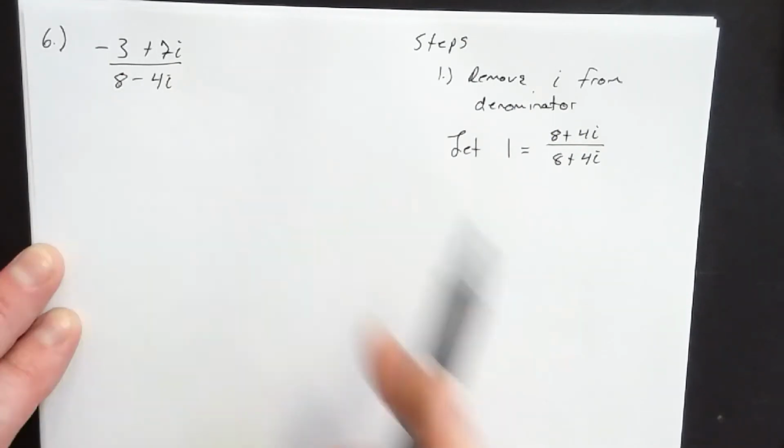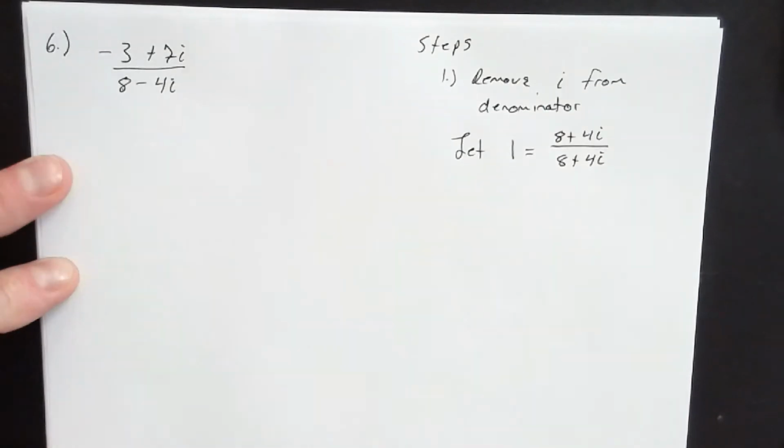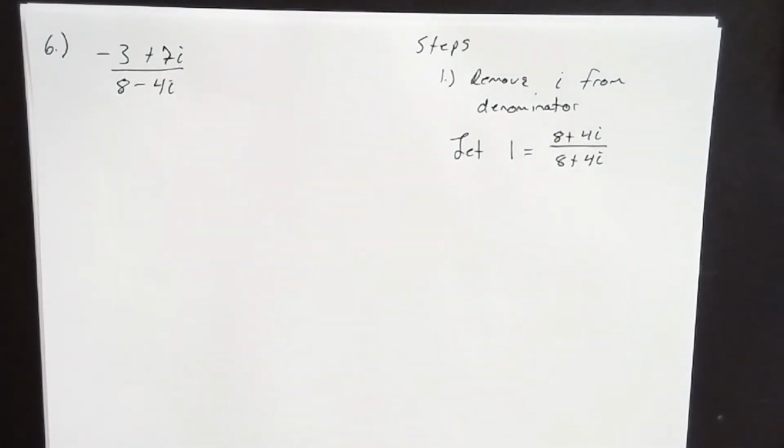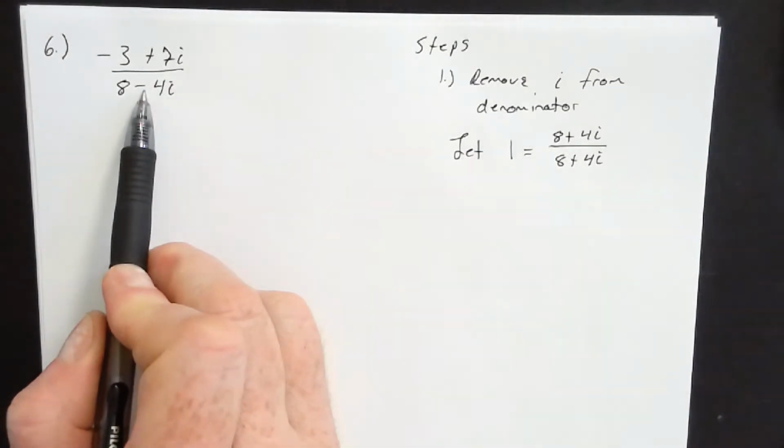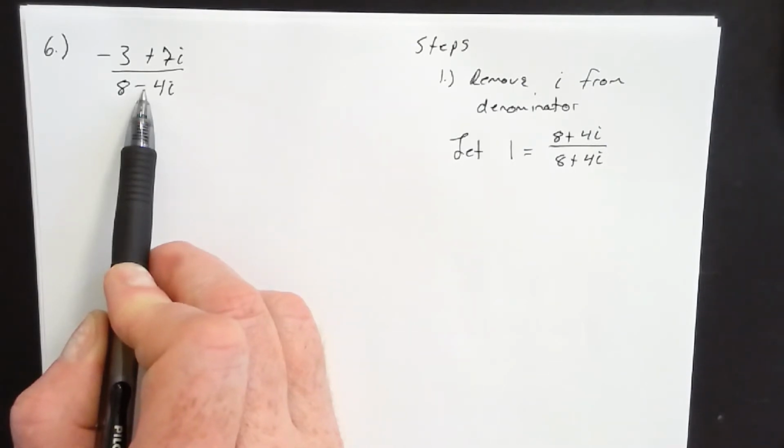Then the middles will cancel out. If you multiplied by the same sign, the middles would not cancel out, and you would reintroduce an i in the denominator. When you multiply by the opposite sign, you effectively cancel out all of the i's.